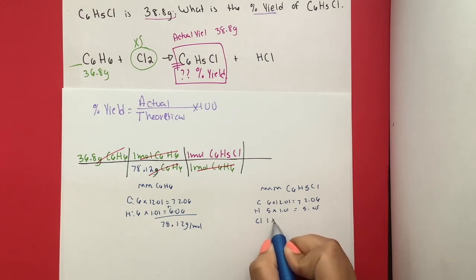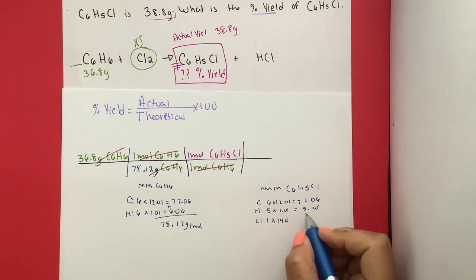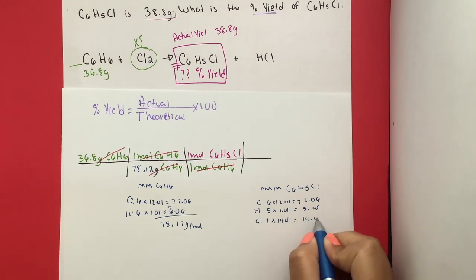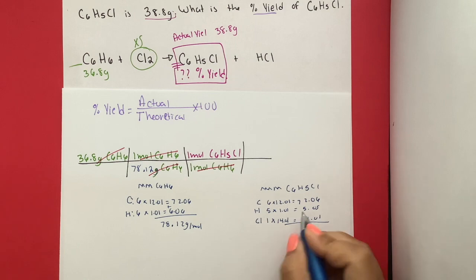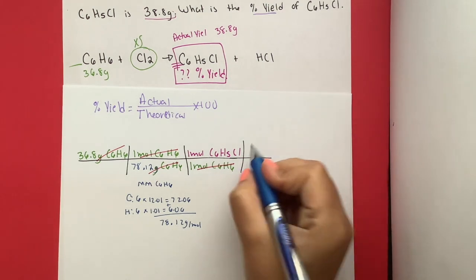Chlorine, I have 1 times the mass of chlorine, which is 35.45. When I add everything together, I get 112.56 grams per mole.